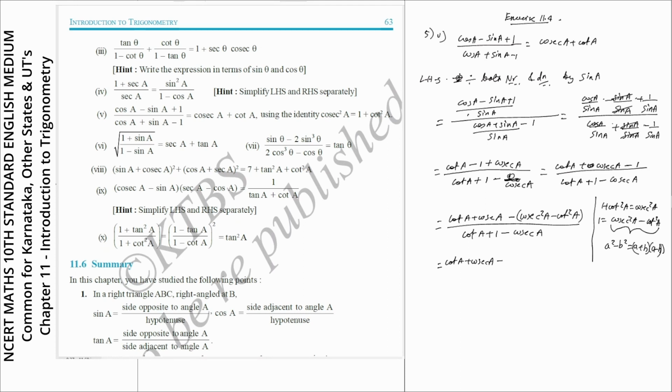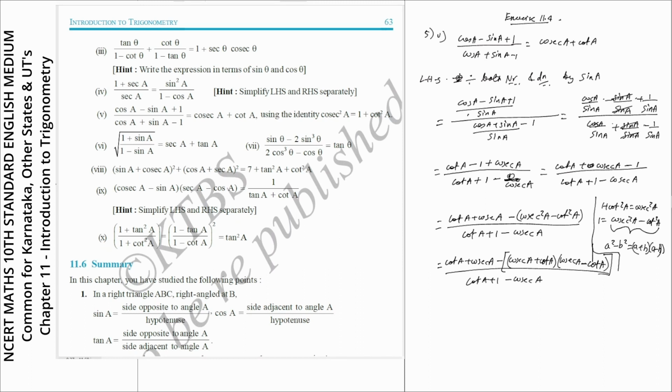Now this cosecant square a minus cot square a I'll expand. So that is now (cosecant a plus cot a) into (cosecant a minus cot a). Okay, now the whole divided by cot a plus 1 minus cosecant a.